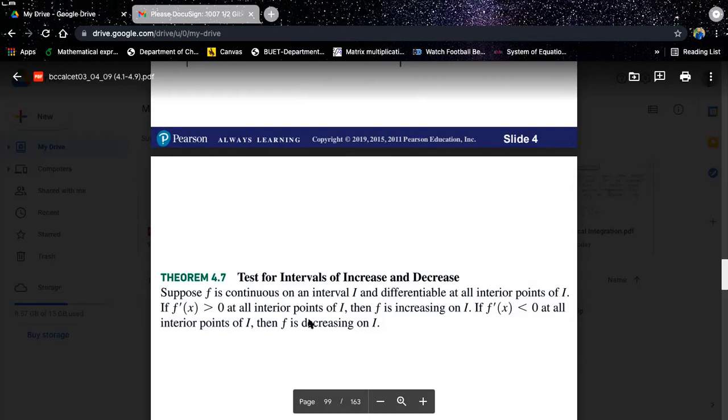That's it. If it's positive, I mean it's greater than 0, then you can say that the function is increasing on that interval. And if it's less than 0 or it's negative, then we can conclude that the function is decreasing on that interval.